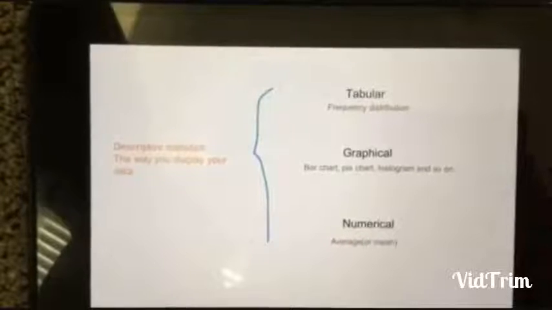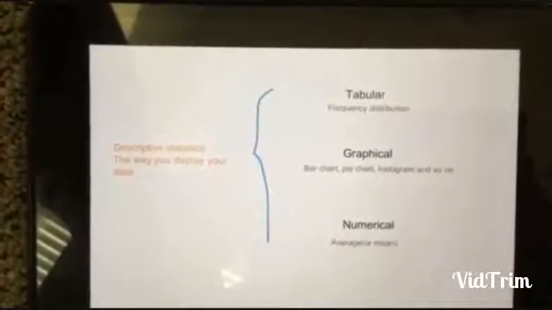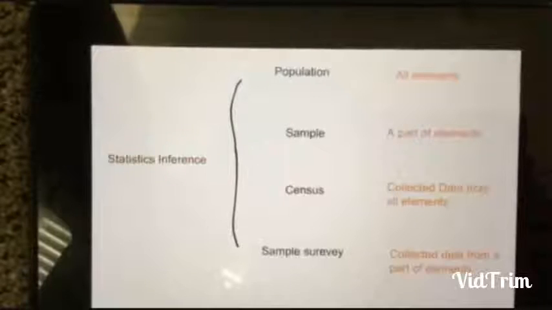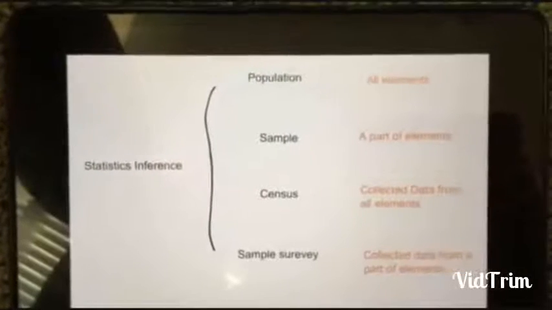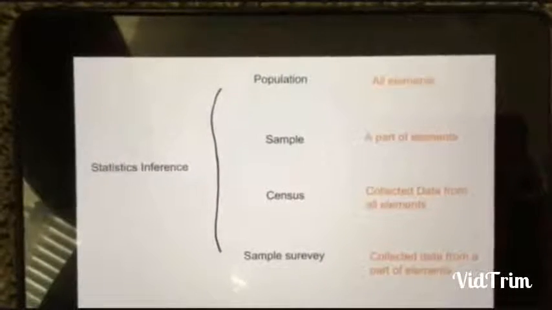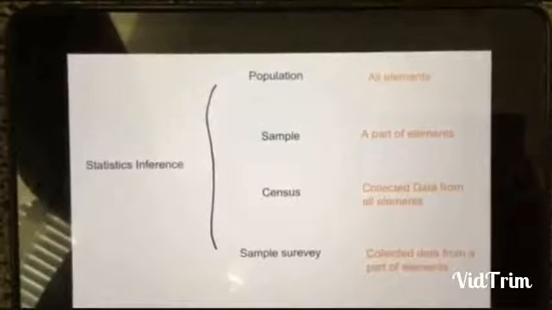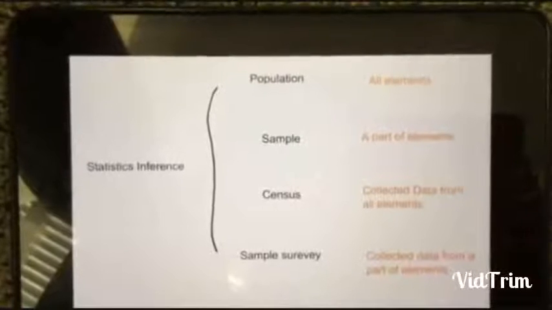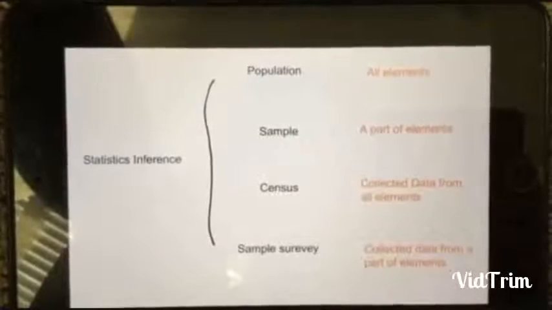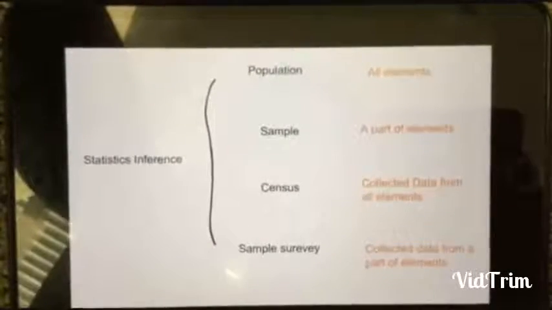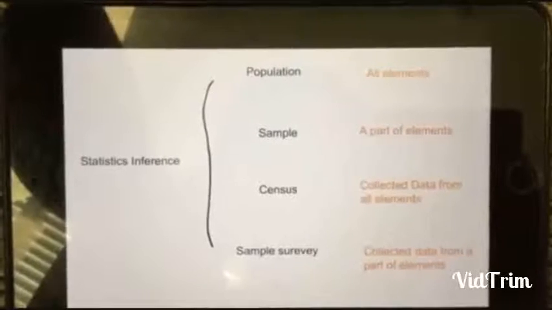Here's a way to analyze data. It's called statistical inference. Firstly, here are four basic factors we need to know about statistical inference. First is population. Population is the set of all elements of interest in a particular study.